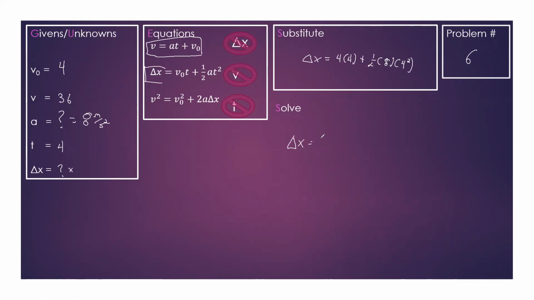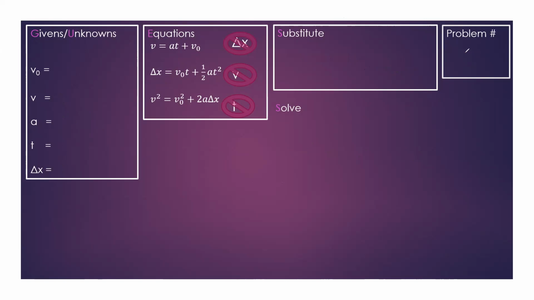So we got 4 times 4 is 16, plus 4 squared is 16, times 4 is going to be 64, because it's half times 8 is 4, times 4 times 4. Basically, it's 4 times 4 times 4. 16 plus 64 is going to give you 80 meters. So that is how far the race car went in that time.